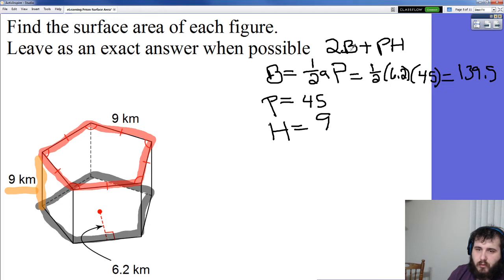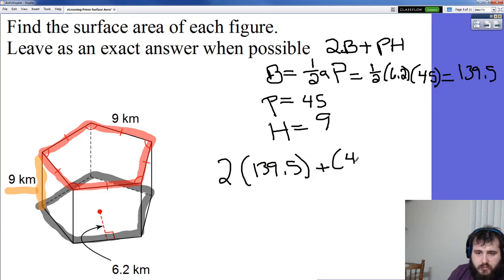So now we're going to put B where B goes, P where P goes, and H where H goes. 2 times 139.5 plus PH, 45 times 9.